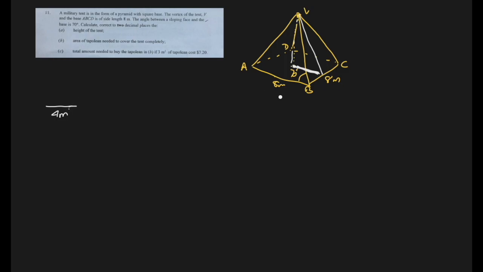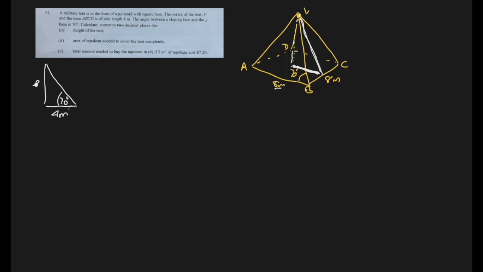Yes or no? Half of 8 is 4. This tilted line is unknown to us, but this is the height of the tent, h, which is this vertical line. And the third side is this one, which is representing the whole plane, right? And we know the plane is making a 70 degree angle with the base. That's what they're saying.